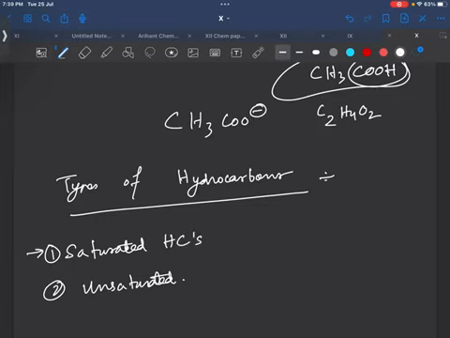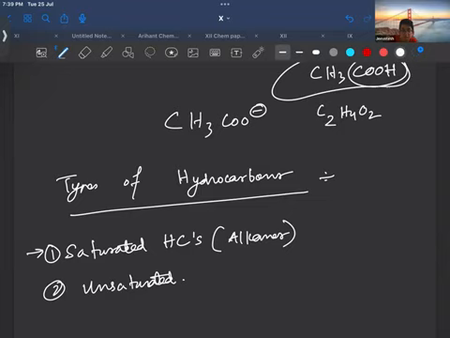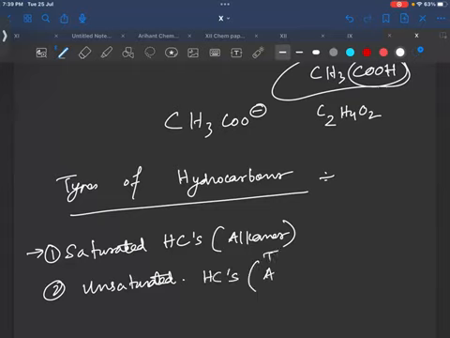Saturated hydrocarbons are also known as alkanes, spelled A-L-K-A-N-E-S. Unsaturated hydrocarbons have two types: alkenes and alkynes.